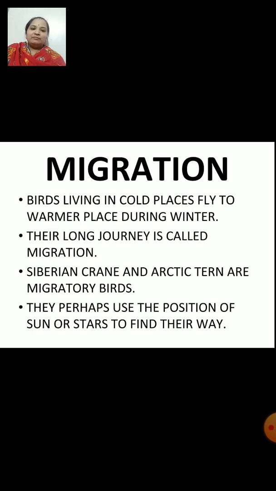So, we studied about migration. The birds living in cold places fly to warmer places during winter. So this is migration, the seasonal movement of birds from one region to another is known as migration.